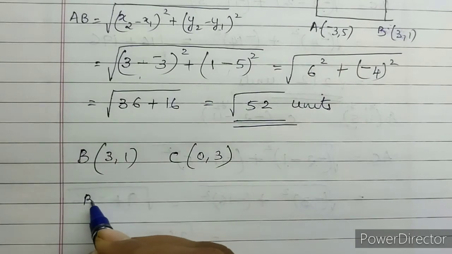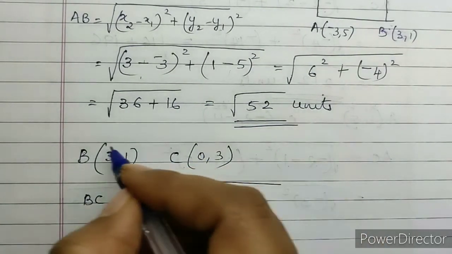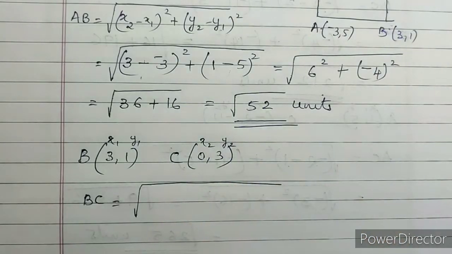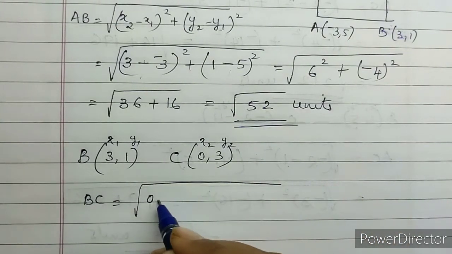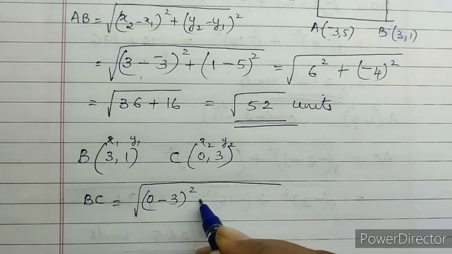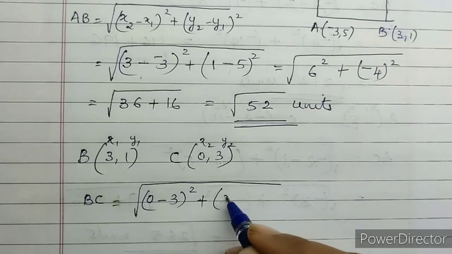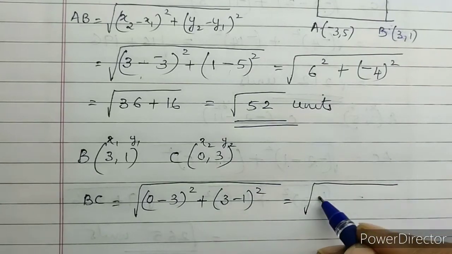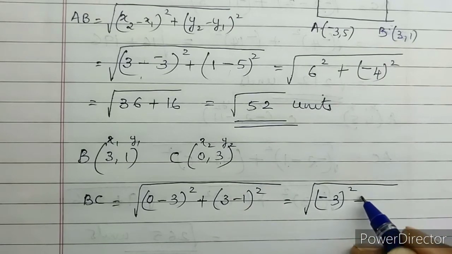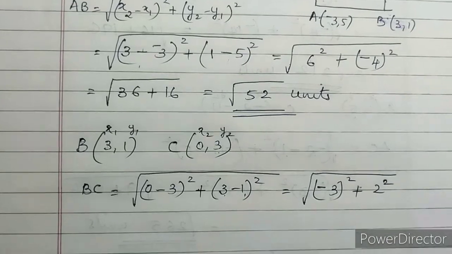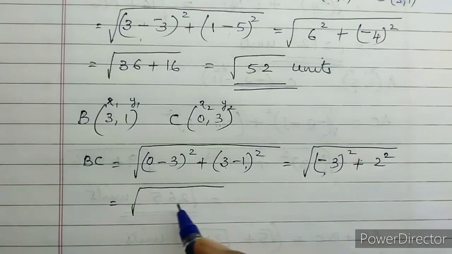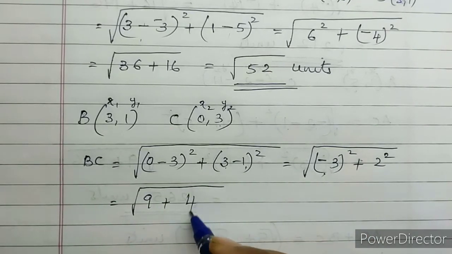So BC equals square root of x1 y1 x2 y2. So what will it come? x2 minus x1, 0 minus 3, the whole square, plus y2 minus y1, 3 minus 1, the whole square. 0 minus 3 is -3, the whole square, plus 3 minus 1 is 2 square, which is equal to square root of -3 into -3 positive 9, plus 2 square is 4.